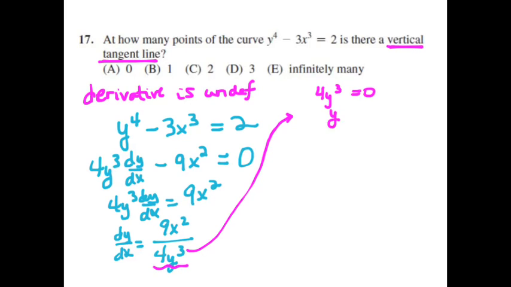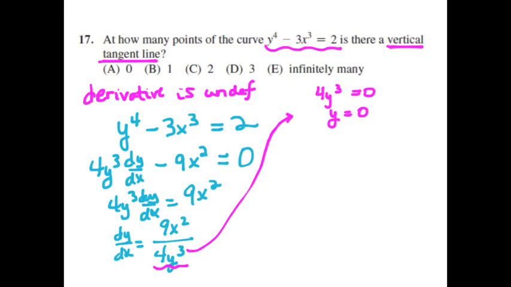That is only true when y equals 0. And so it seems like 1 should be our answer based on that. But before we choose that, we need to plug this back into our curve and see how many points on the curve have a y-coordinate of 0. Because it could be more than 1. Because this is not a function. It's an implicitly defined relationship.